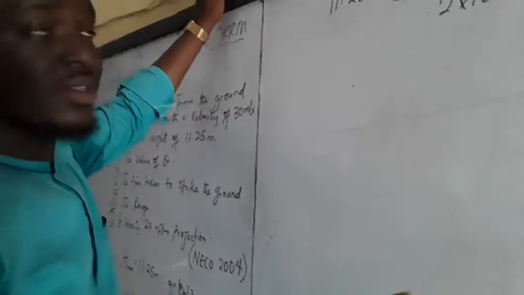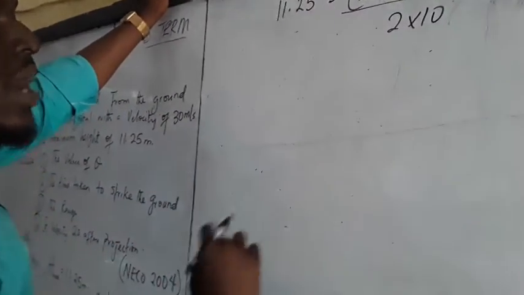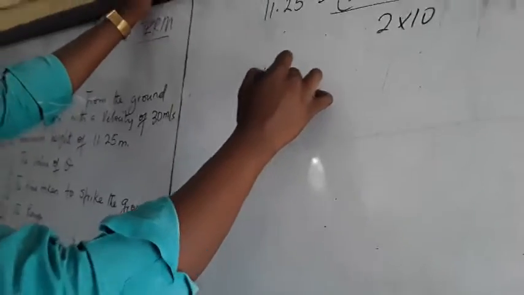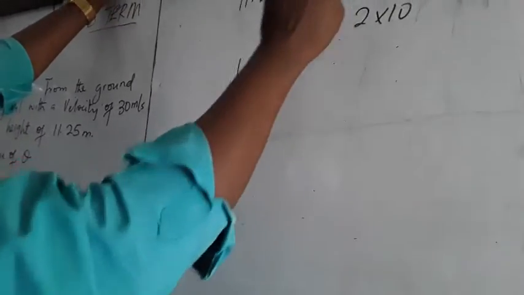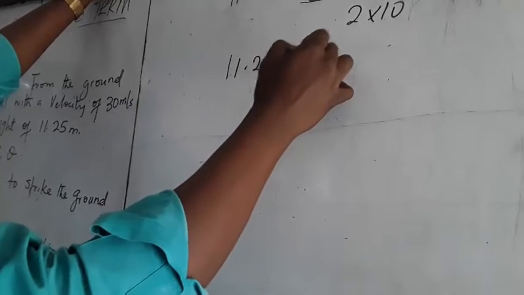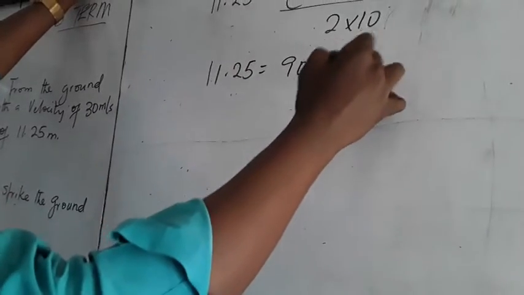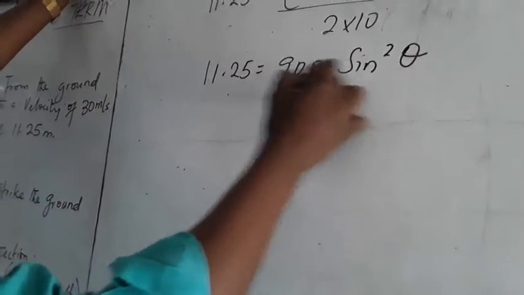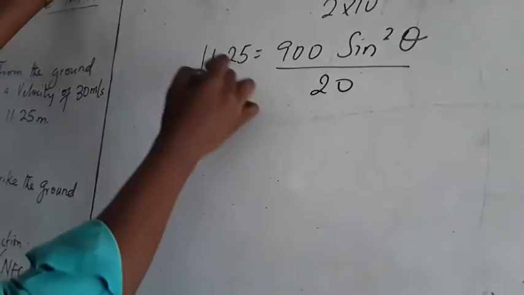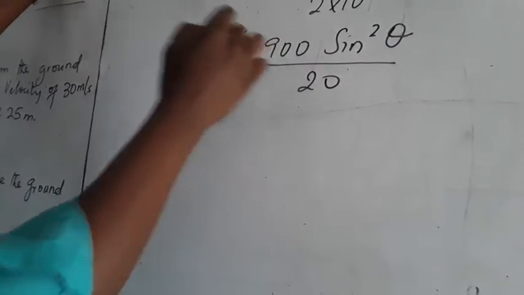So further math is very simple. So what do I have here? I have 11.25 equals, 30 squared is 900, and we have sine squared theta over 20. What do we do next? We cross multiply.